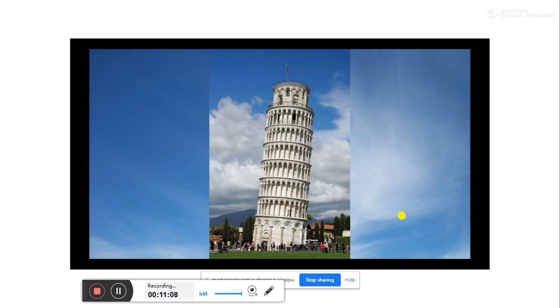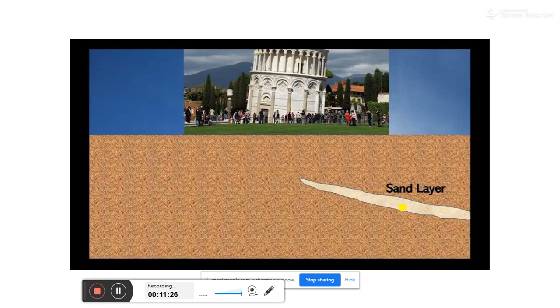Another famous structure is the Leaning Tower of Pisa. Through an investigation, the engineers found apparently mixed layers of sand, and due to age the time for consolidation was overestimated.